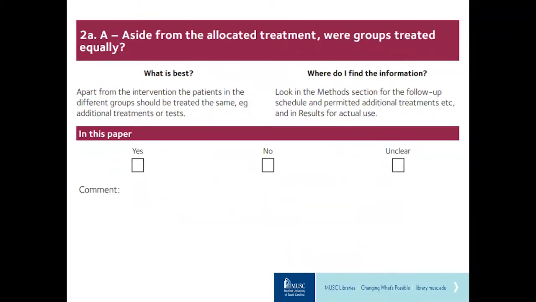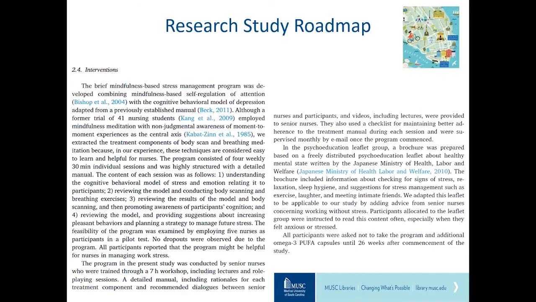Next up is, aside from the allocated treatment, were the groups treated equally? To assess the equality of treatment between the groups, you'll really want to look at the details of the intervention, which live in the methods section of the research study roadmap.